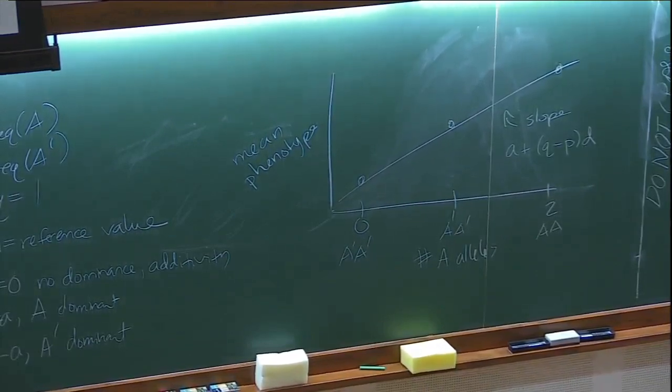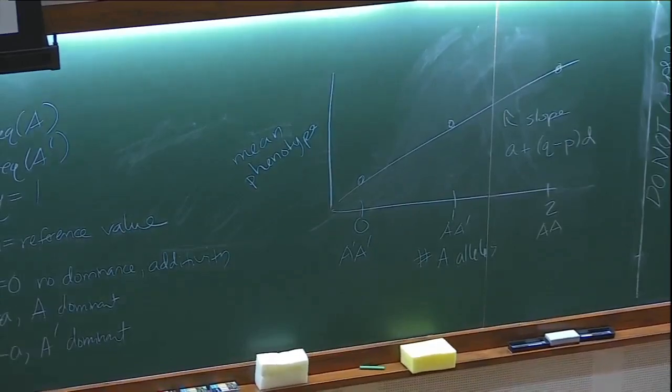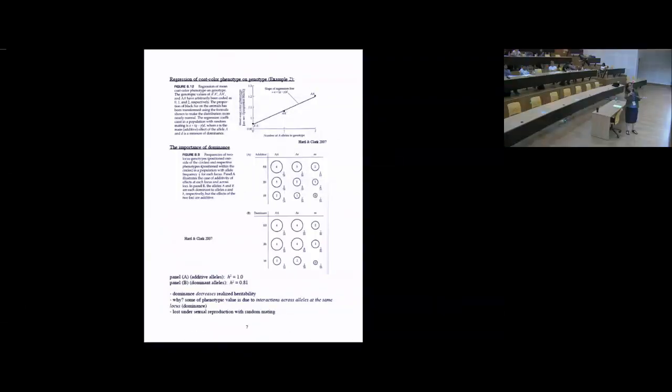So there's a little drawing here. This is from Hartl and Clark's book, right? This is a little picture where you should think of this maybe as being something like coat color. This is a case where we have two different loci affecting the trait. And in this case, every capital letter, big A or big B, adds 1 unit to the phenotype.